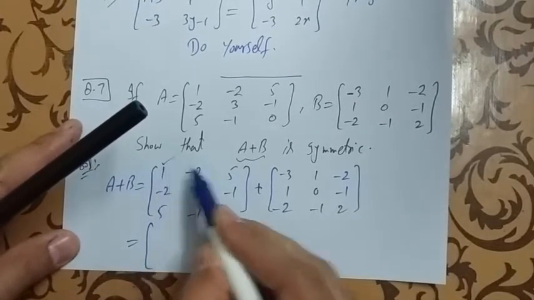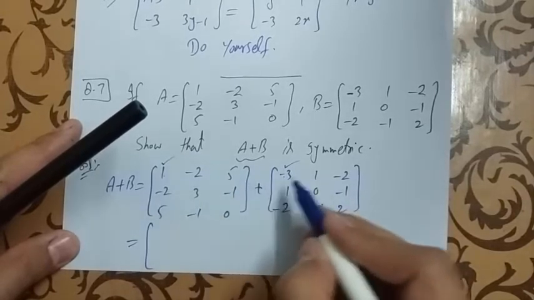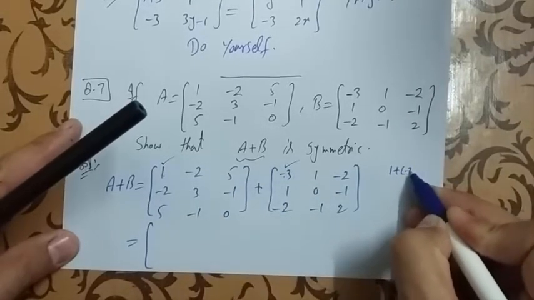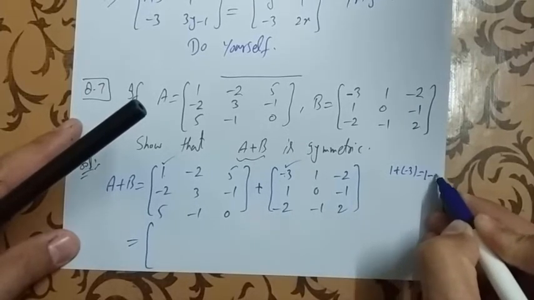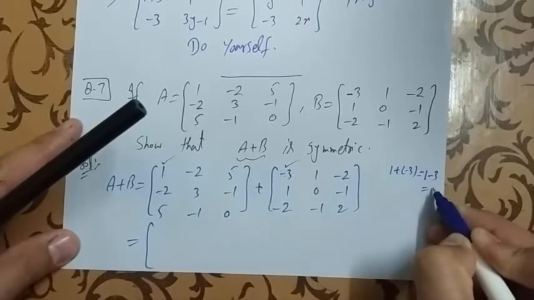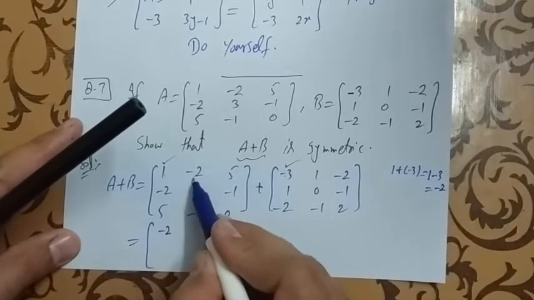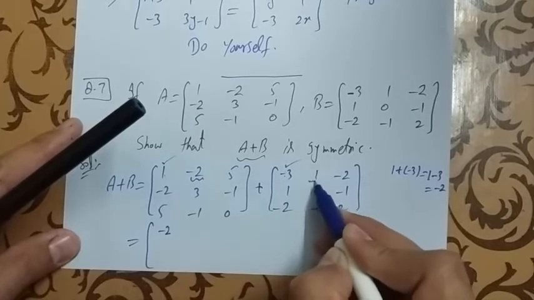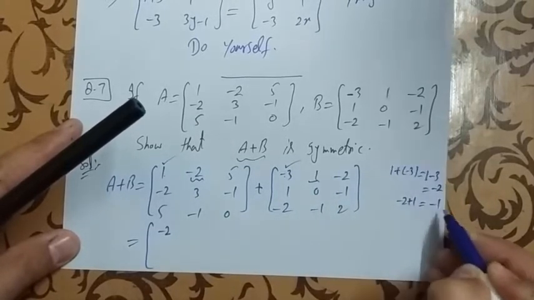First we add 1 plus minus 3, and its result is minus 2. Similarly, minus 2 plus 1 is equal to minus 1.